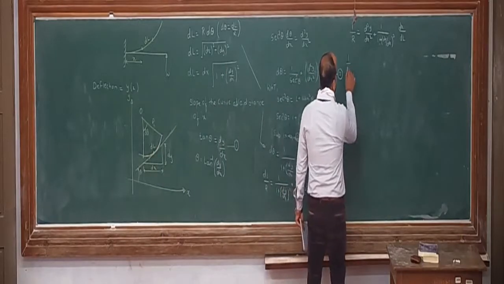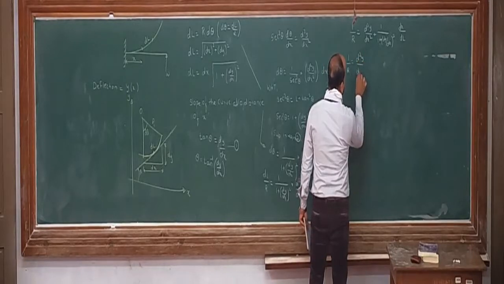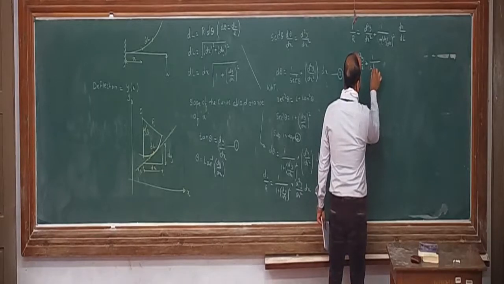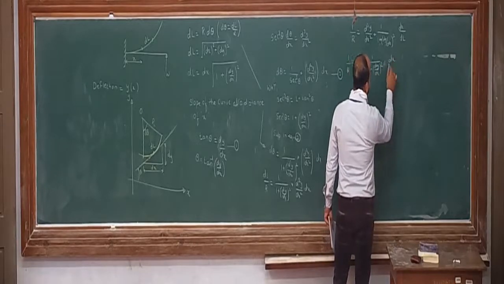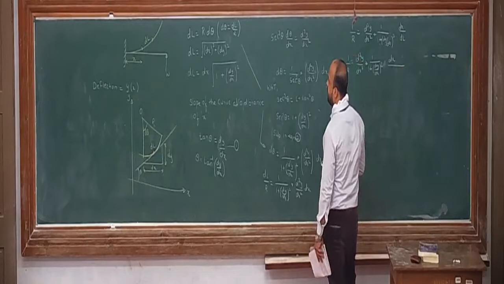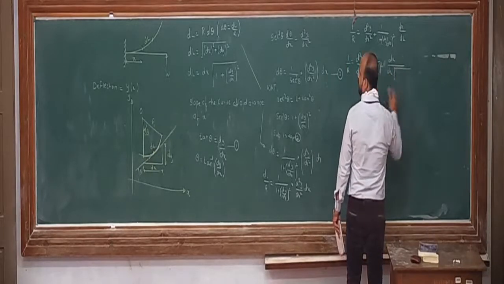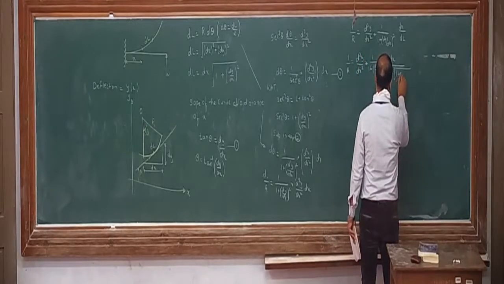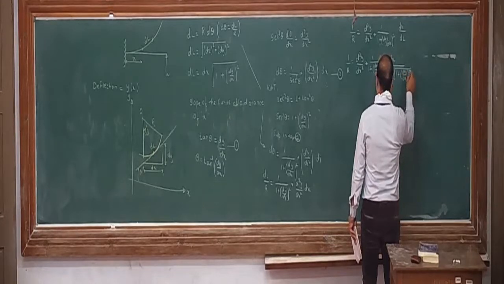Substitute that. 1 by r is equal to d square y by dx square multiplied by 1 divided by 1 plus (dy by dx) square, into dx divided by dl. dl is dx under root 1 plus (dy by dx) square.